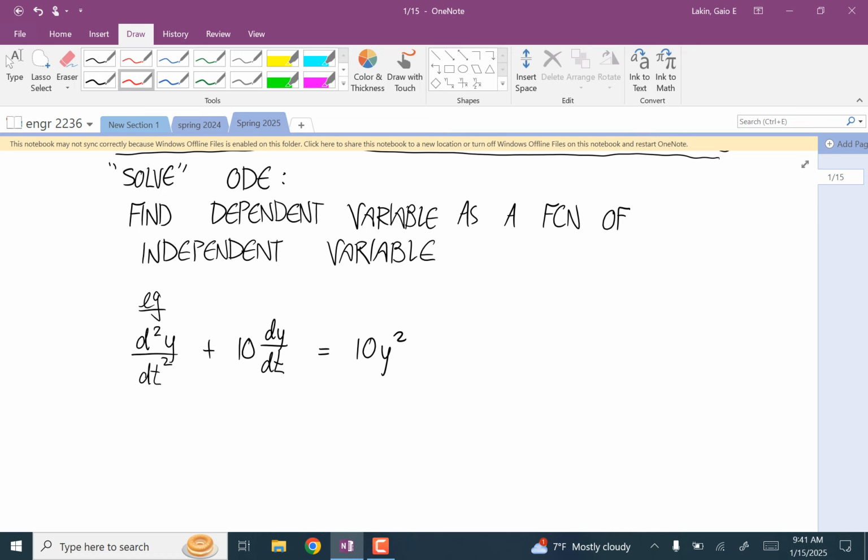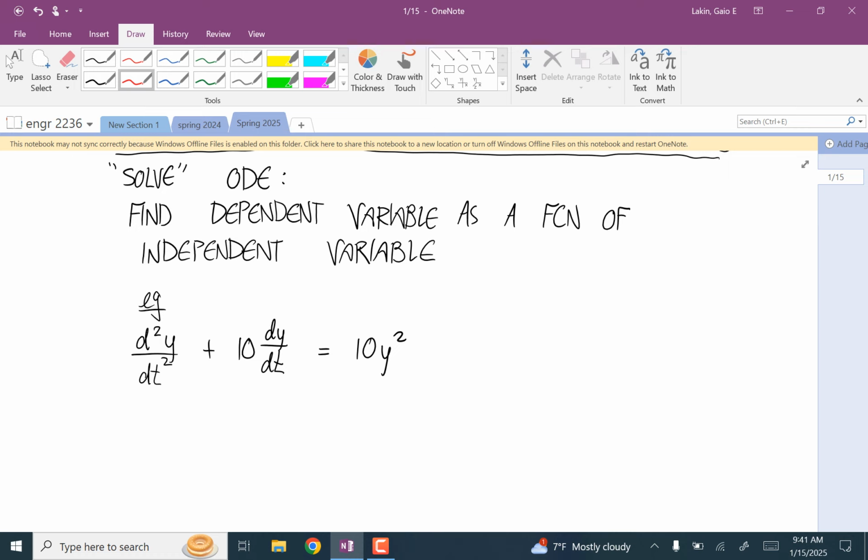So how do you identify what are the dependent and independent variables? With ordinary differential equations, all your derivatives are total derivatives. You don't have any partial derivatives. So that makes it way simpler.